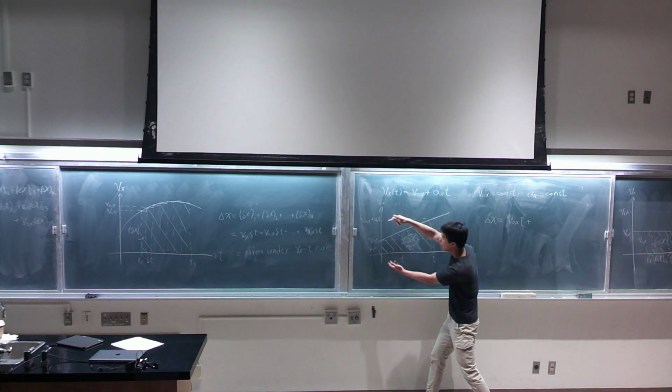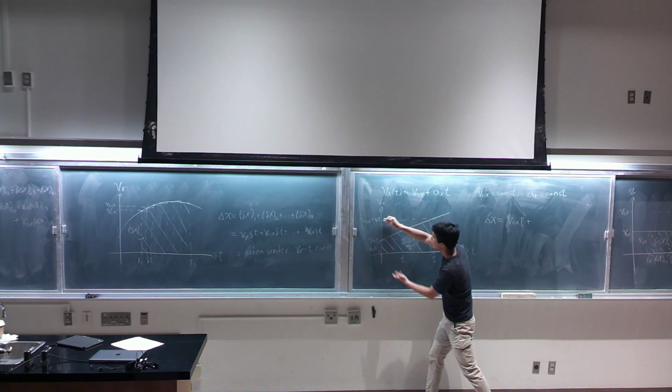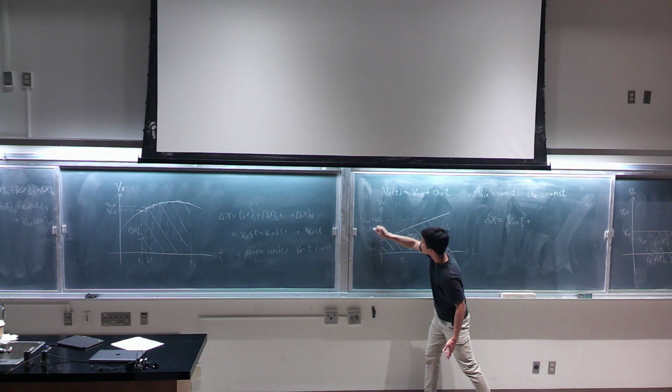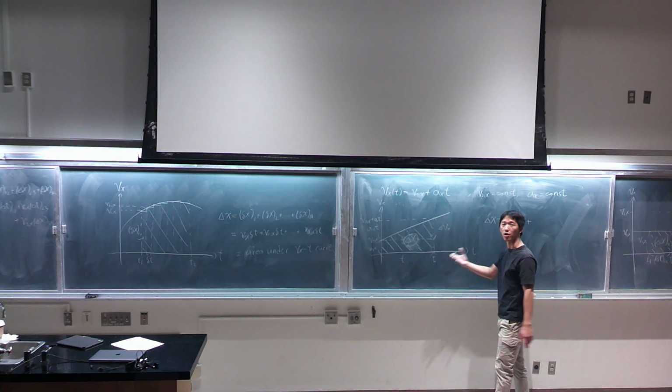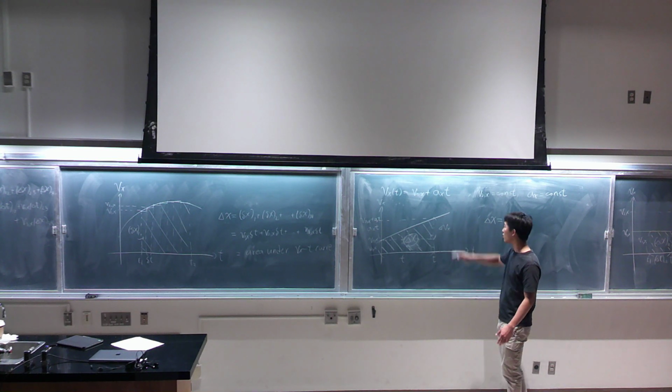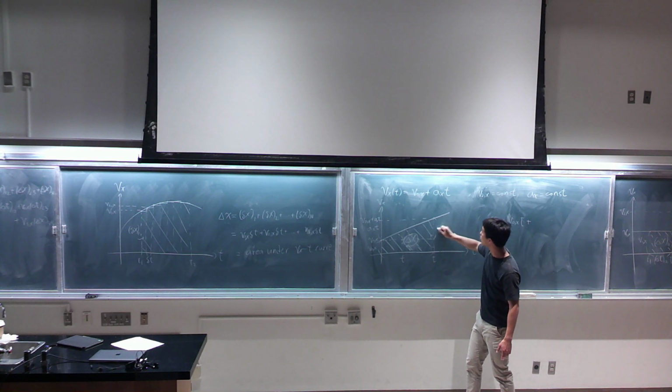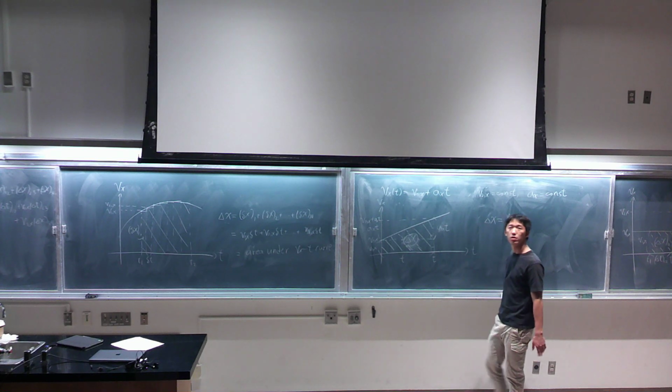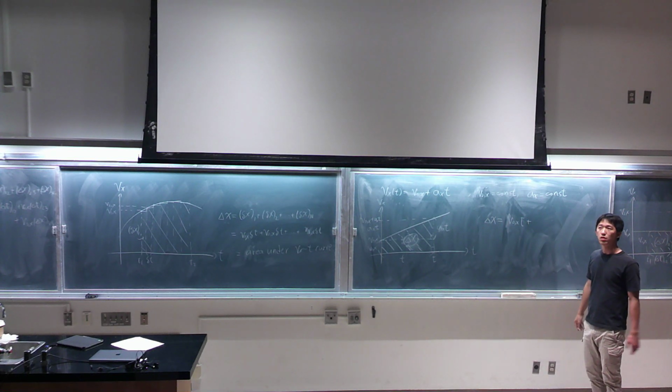So if this is v naught x plus axt, and this is already v naught x, this part must be the additional axt, and that's how much the x velocity has increased during this period. So I know the height of this triangle is ax times t. Okay?